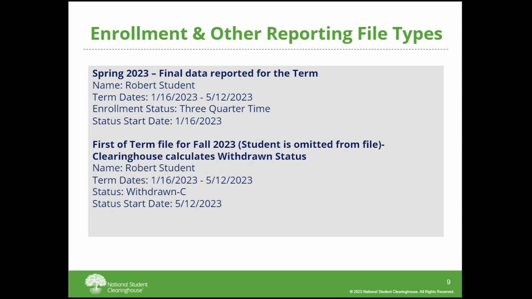If Robert is omitted from the first of term file and still has an active status in the clearinghouse database, we can assist with closing out his record to capture the withdrawn status. In order to properly close out Robert's record, the clearinghouse database will auto-generate his record onto the file and will calculate a withdrawn status and a status start date equal to the term end date that was reported on his record for the spring term, which in this example is 5/12/2023.